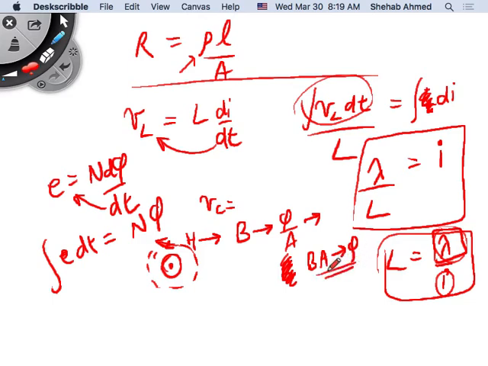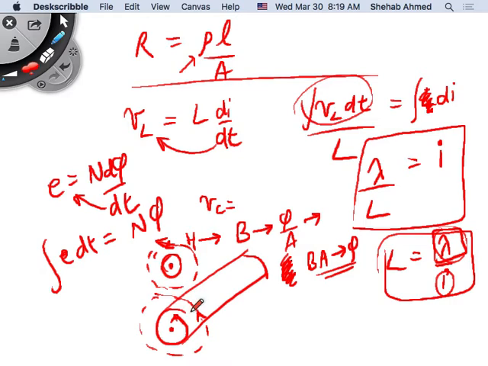And this area was equal to what? This area we said was the area that the flux lines cross, right? And we said that this conductor is a 1 meter length, and the area that it will cross is, this is the differential area here that all the flux lines will cross, right?